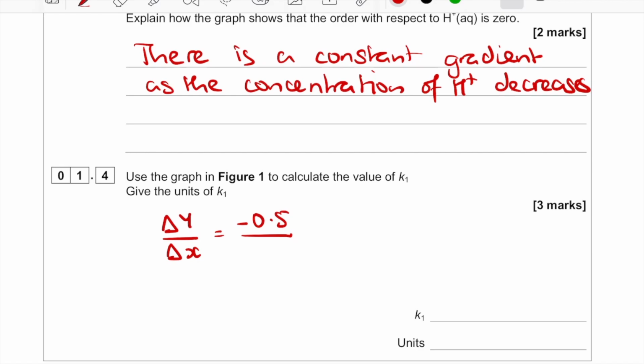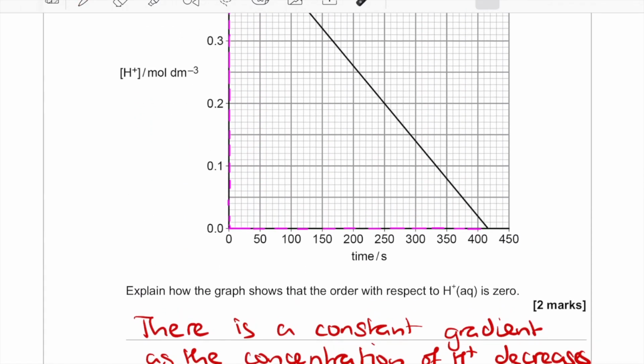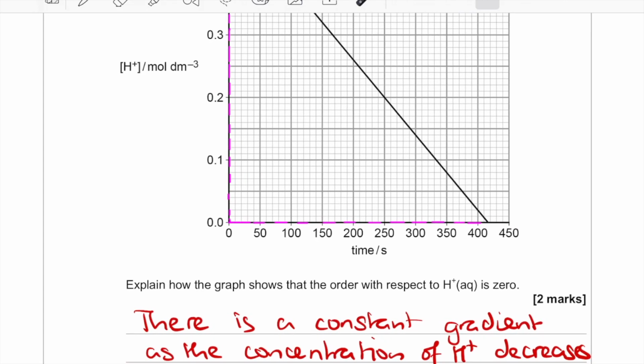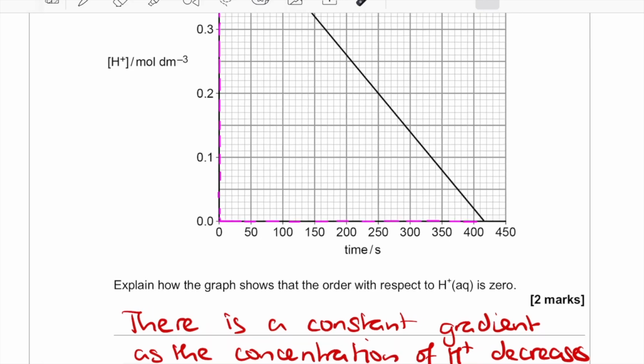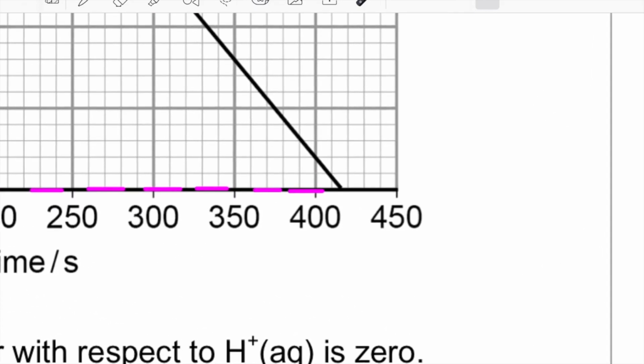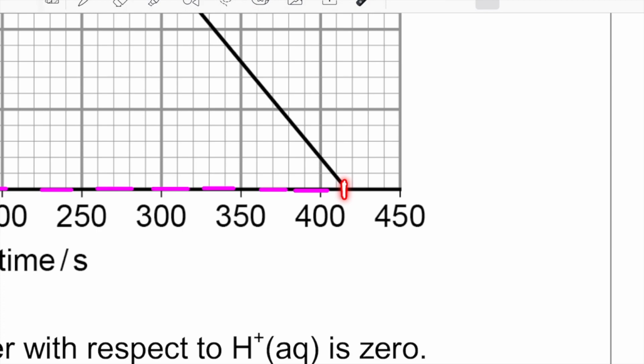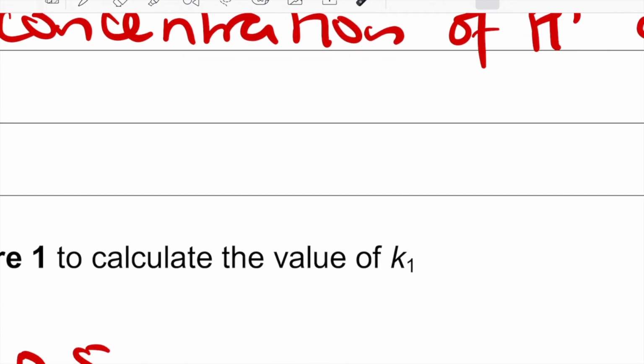And then my change in x is again from 0 to, and you've got to be able to read that carefully, so I think that is 415. If I zoom right in, you can see that that is halfway along that second square. So it goes 400, 410, 420. So that is 415.